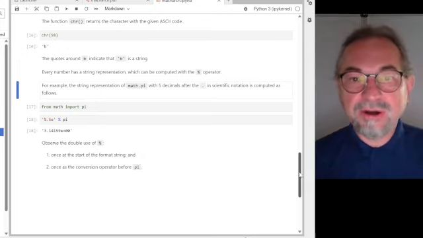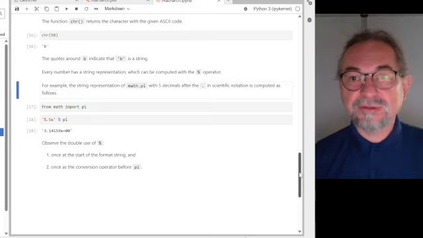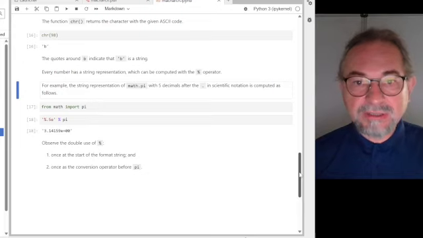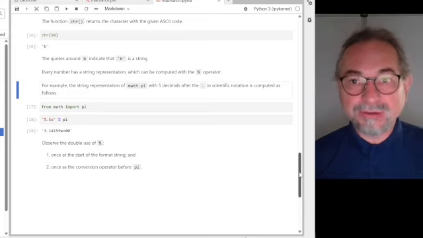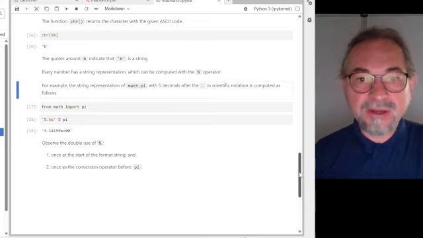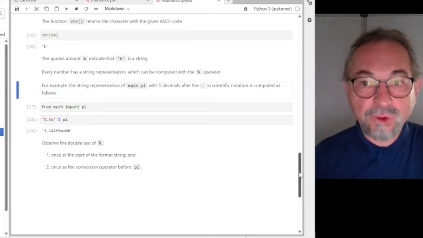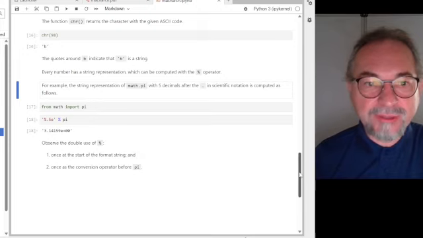The operators: the plus on strings concatenates. The percent operator is used in two ways. It is used as a formatting operator, and it's also used in a formatting string.